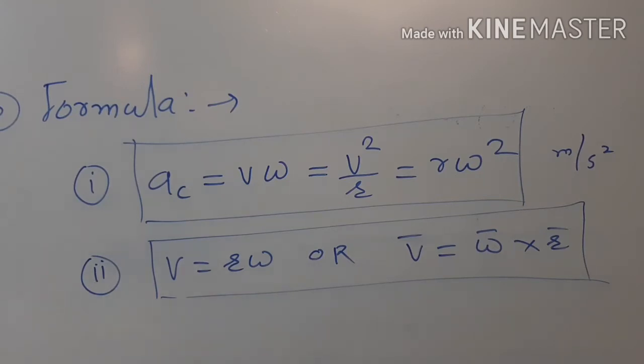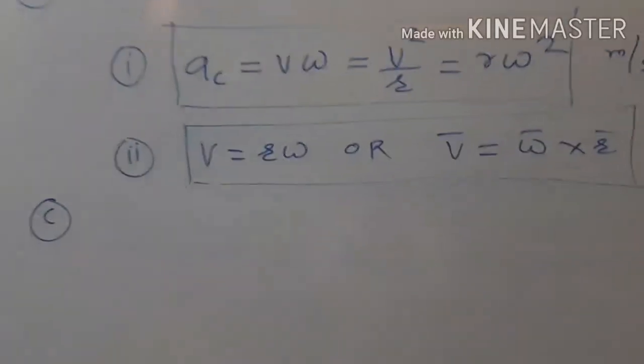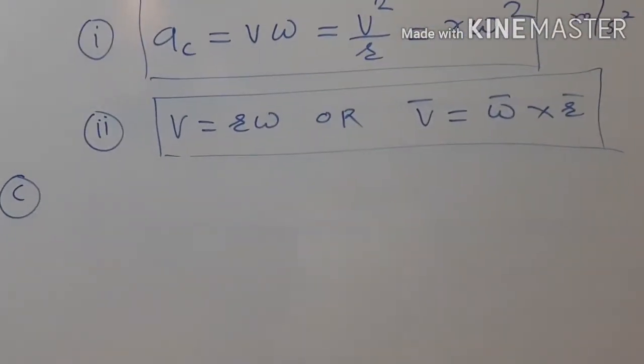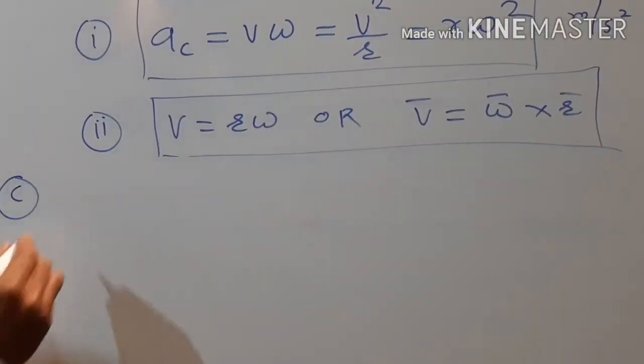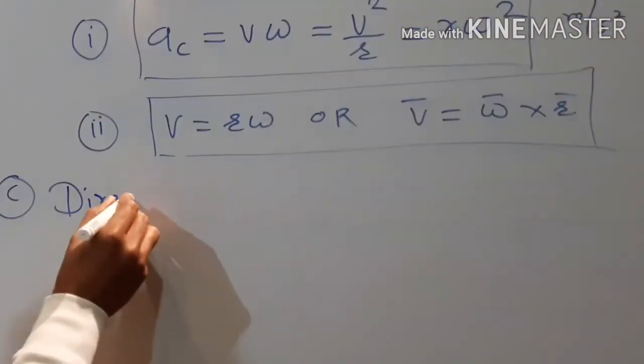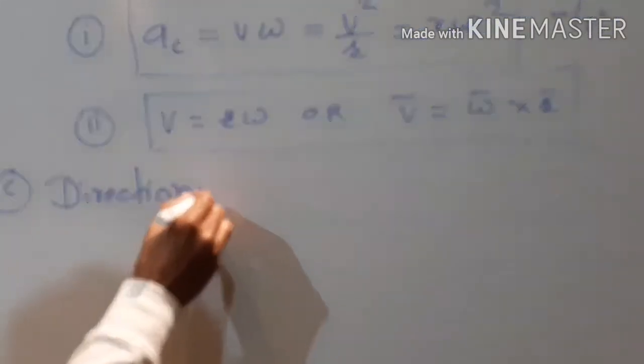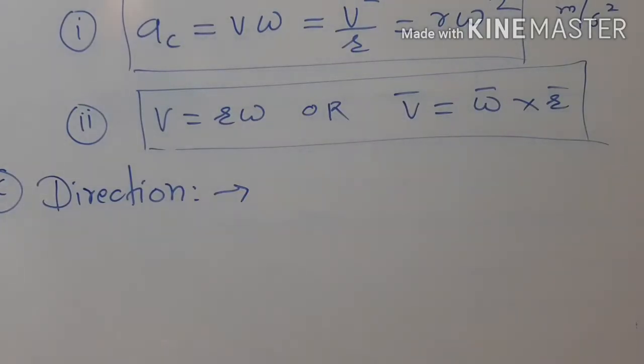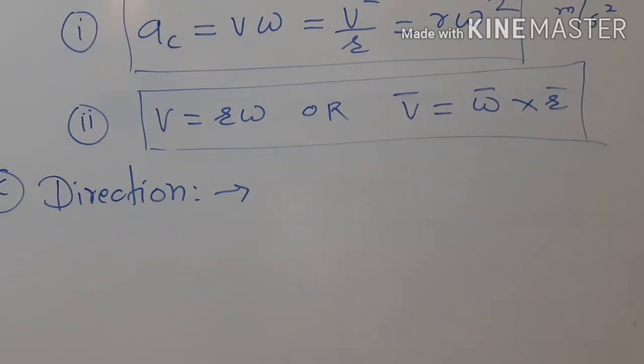Now the C point is direction. We know that the direction of linear, radial or centripetal acceleration is along the radius and towards the center of the circle.